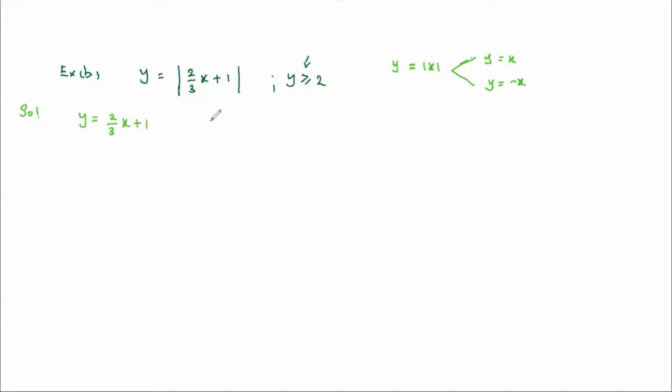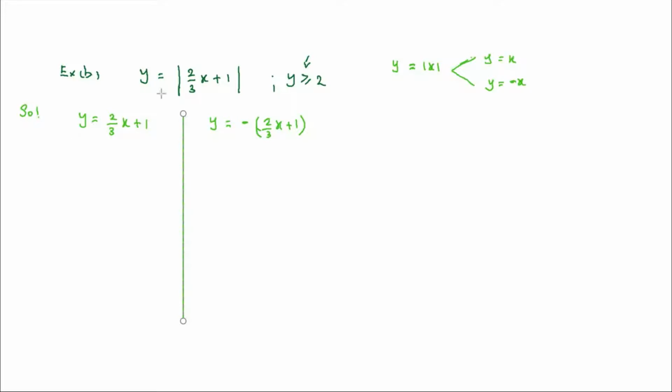And for the other, y equals negative, we open the whole thing inside the absolute value, 2 over 3x plus 1, and this now becomes a bracket. So now we start to calculate both of these.